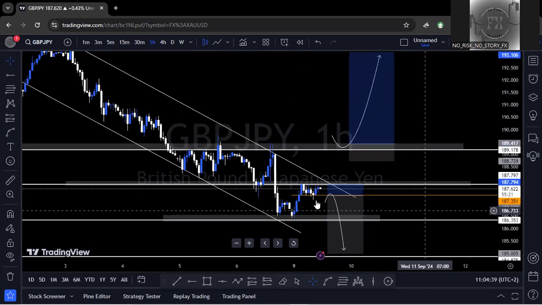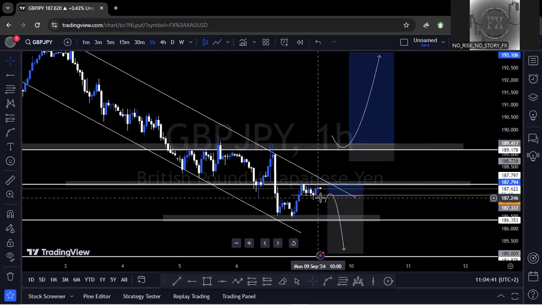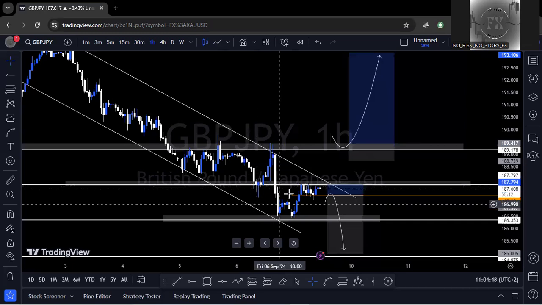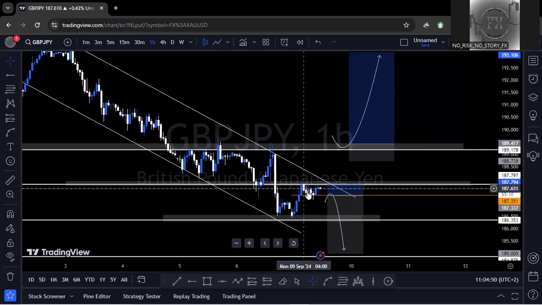It's either the market can just come back here and respect this newly formed resistance, because this area was supported once, then broke, and now we've come back to retest this area.